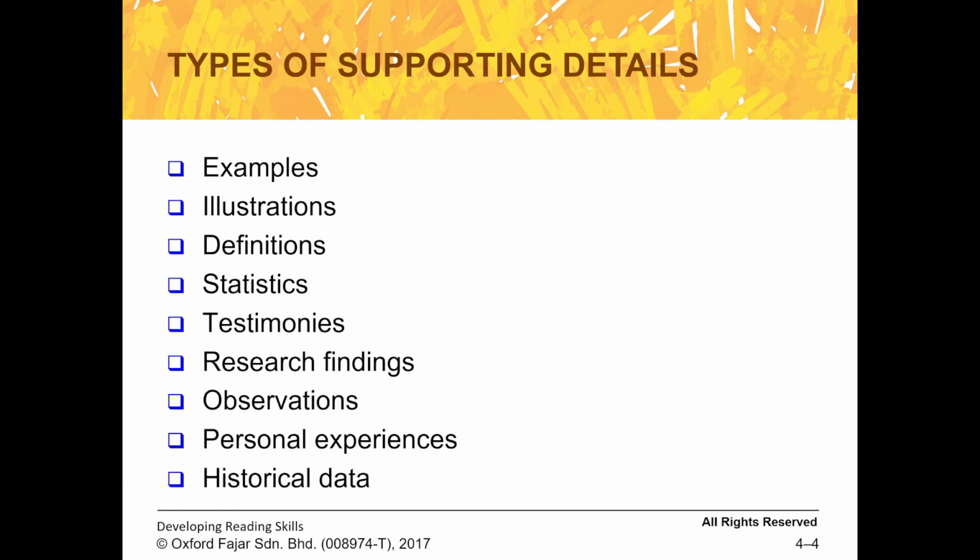So these are nine different supporting details used interchangeably within any kind of reading passage. If you are able to identify them, then you are on the way to becoming a critical reading expert.